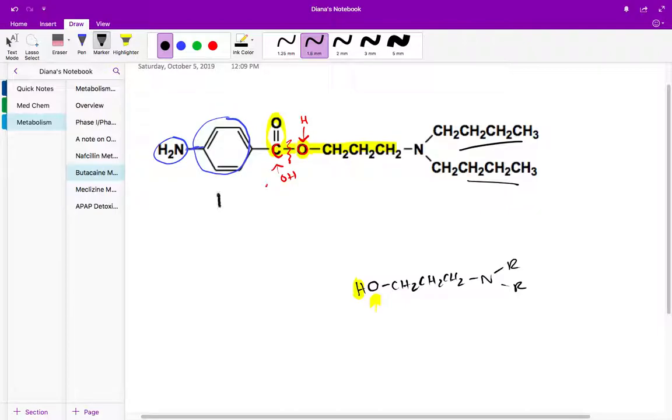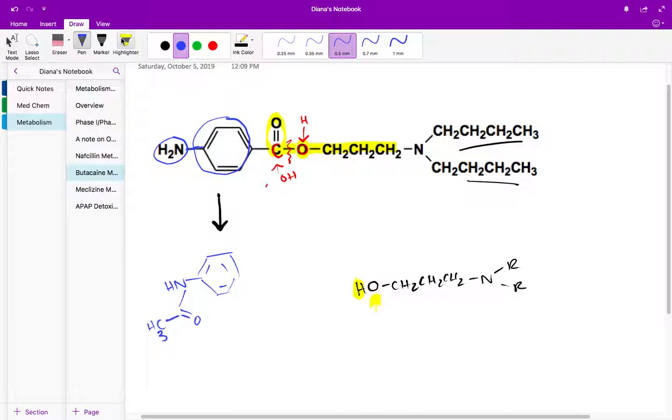So here, I'm going to go ahead and draw this out. I'm going to have the addition of an acetyl group, because what is this reaction called? It's called N-acetylation. So to my nitrogen, I'm actually going to add a acetyl group, and an acetyl group is just a carbonyl group, so a C double bonded to an oxygen attached to a methyl group.